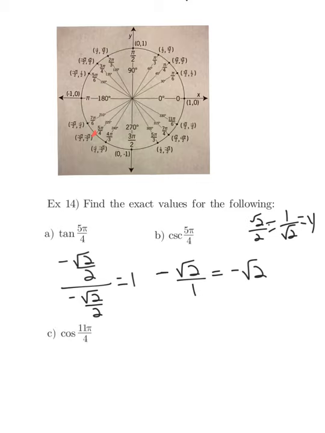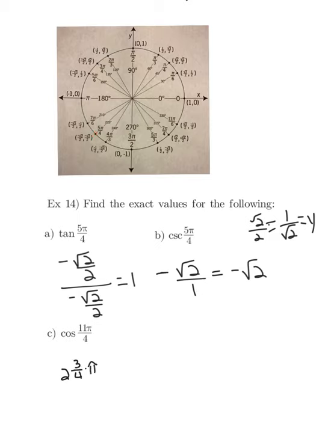On problem C, we are asked to find the cosine of 11 pi over 4. 11 pi over 4 is more than 1 revolution, if you think about that. 11 over 4 is the same thing as 2 and 3/4. So we can think of this as being 2 and 3/4 times pi.